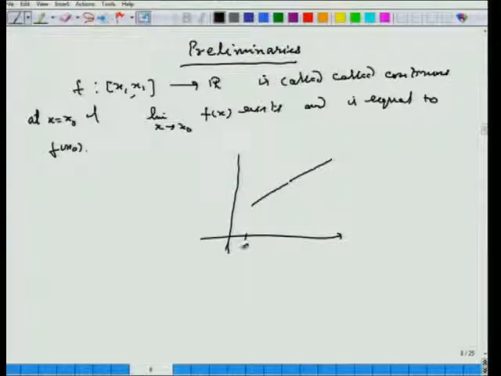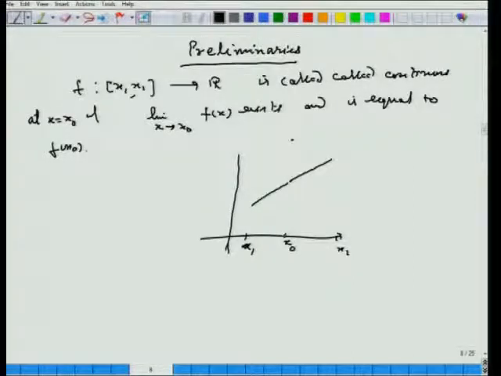so here this is x1, this is x2, and then there is some point x0 here. Let us say we consider a straight line, except that at this point x0 the function is not defined here, so it cannot be continuous because it has to be defined at that point. So let us say at this point the function is here.